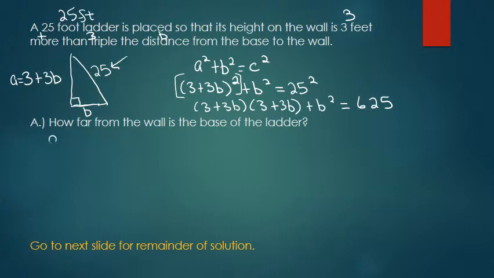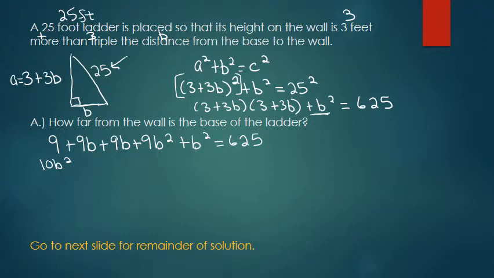So 3 times 3 is 9, plus 3 times 3b is 9b, plus 3 times 3b is 9b, plus 3b times 3b, which is 9b squared, plus, I need to not forget that b squared, equals 625. Okay, now I need to combine like terms. So I get 10b squared, that takes care of those, plus 18b plus 9 equals 625.